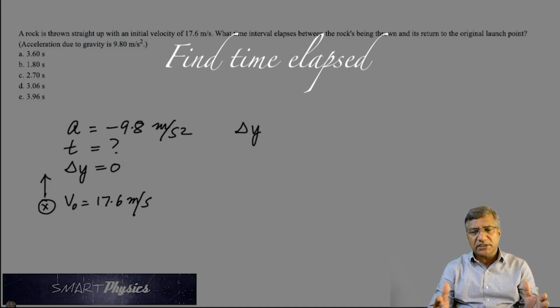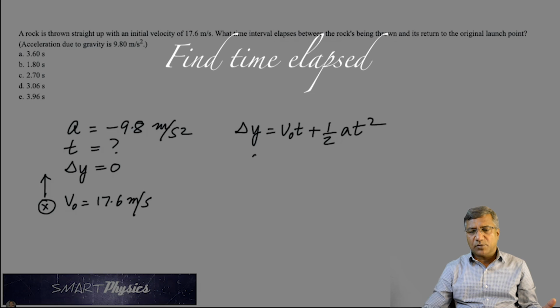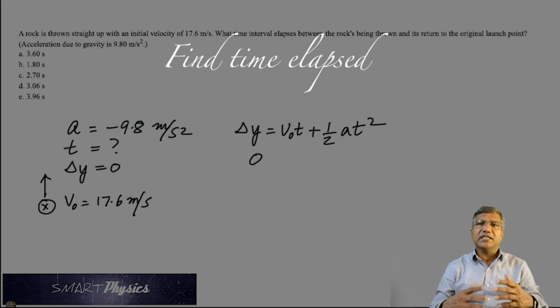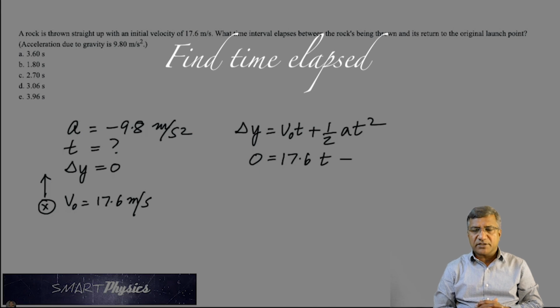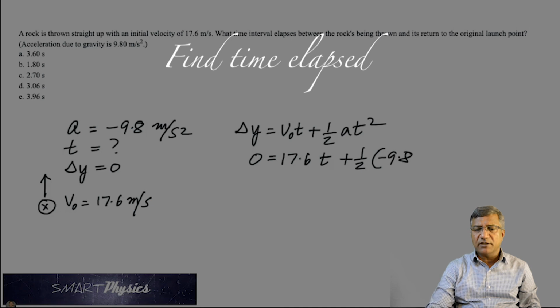Here are the quantities. This is the equation, the king of all equations. Delta y is v naught t plus 1/2 at squared. And then substitute into that, delta y is zero, and then 17.60 t plus 1/2 times negative 9.8 times t squared.